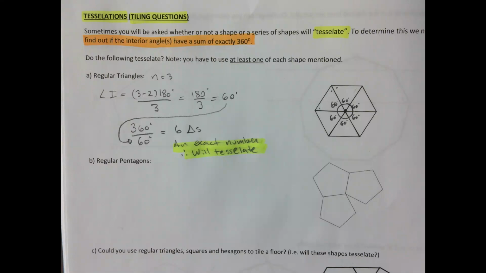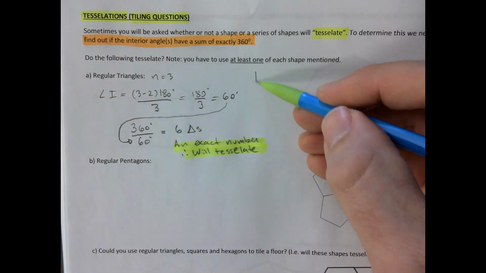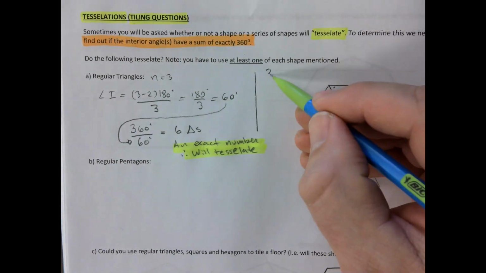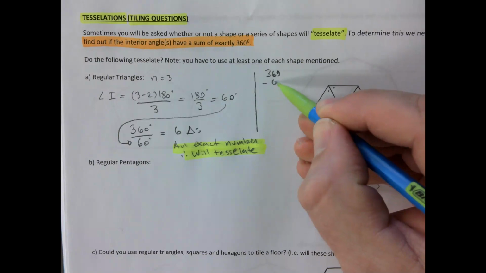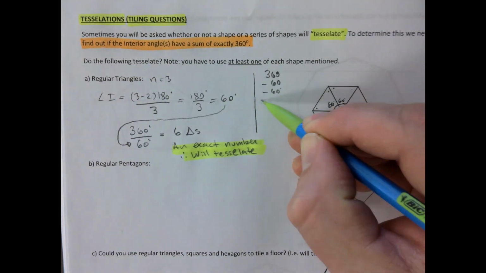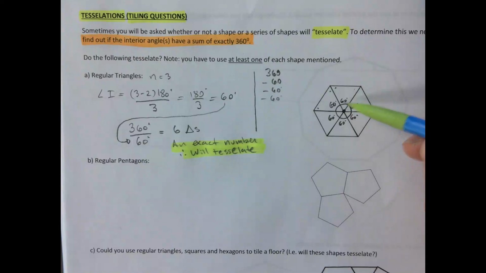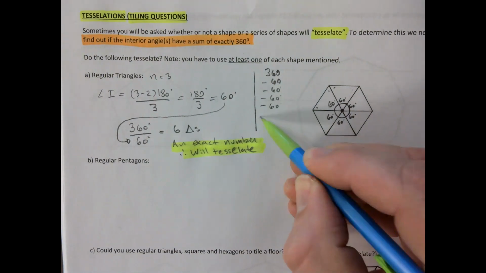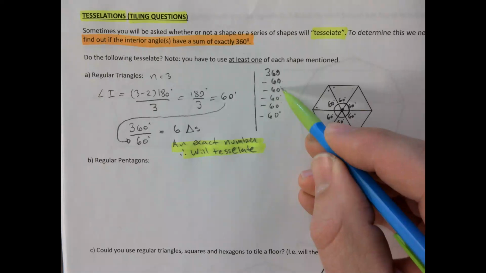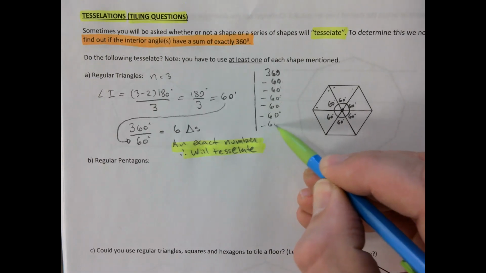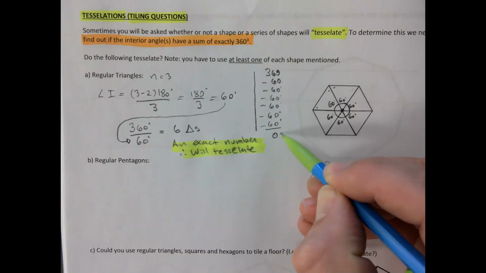Another, more tedious method would have been to take 360 and start subtracting that interior angle of 60. In this case, we would have to do it how many times? 6 times, and then you end up with 0 degrees.